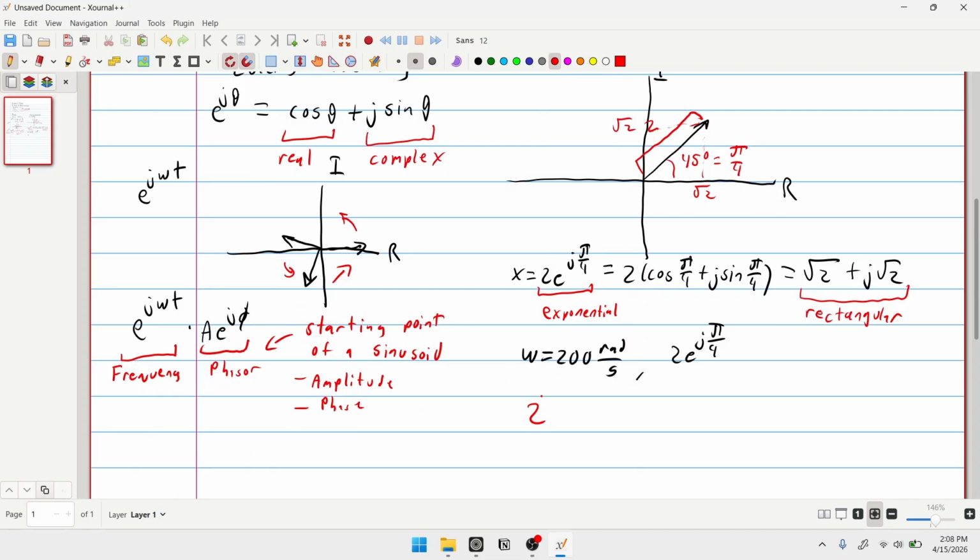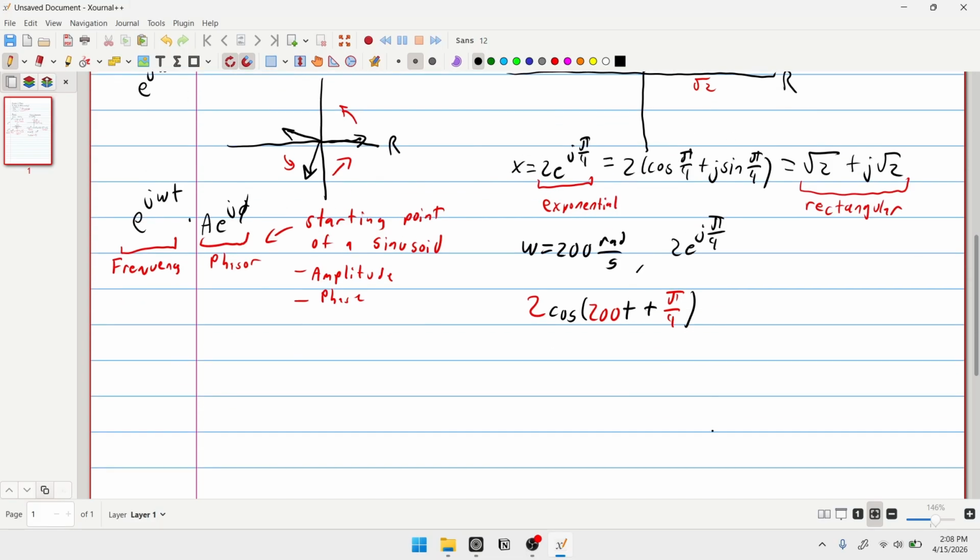So we have our amplitude, which is 2, and our frequency, which is 200. And then we have our phi, or our phase, which is pi over 4, or 45 degrees, sorry.